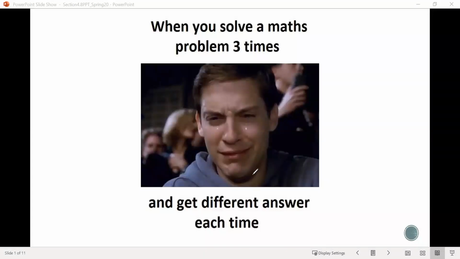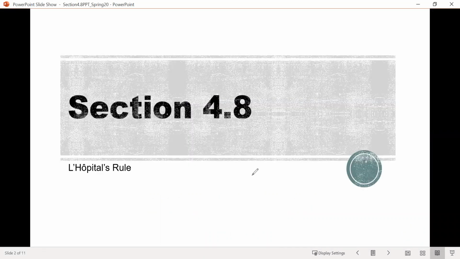Okay, so on section 4.8, we're going to look at something called L'Hopital's rule. And I'll tell you right now, there's always a mystery about this name. Here you see that I've got it as L'Hopital with a bunch of accents and other things in it.